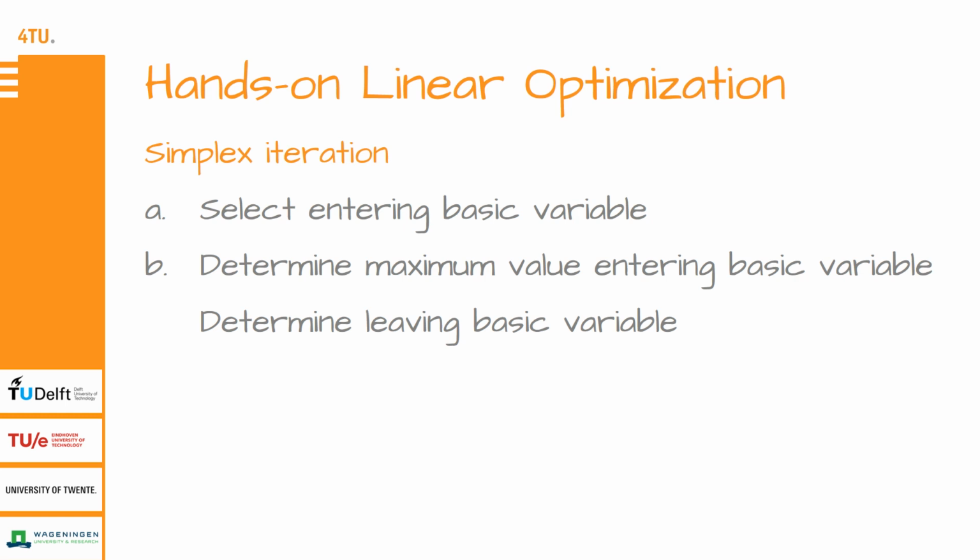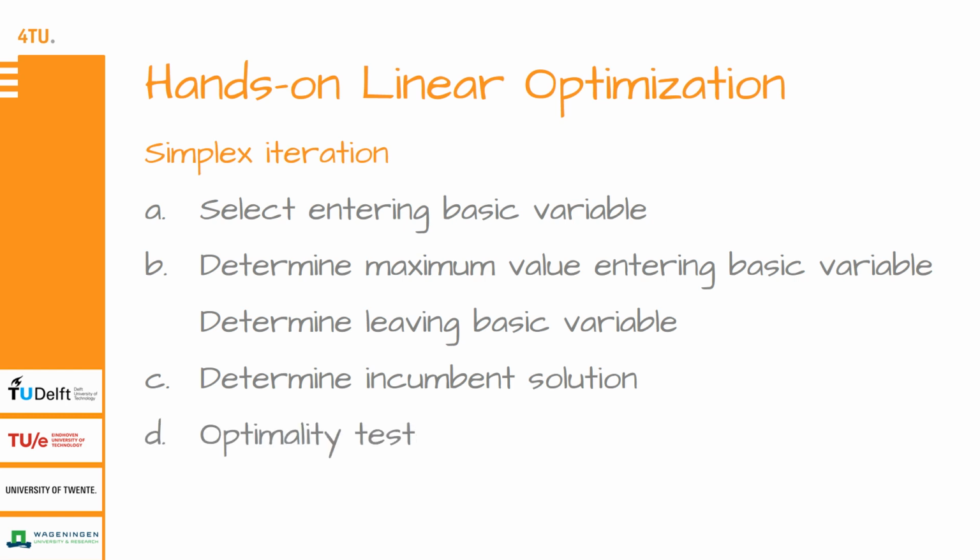Then, in step C, we determine the incumbent solution by performing elementary algebraic operations on the system of equations. In the last step, step D, we check if all non-basic variables have a negative coefficient in the objective function given by the first equation of the system. If this is the case, we have reached an optimal solution.